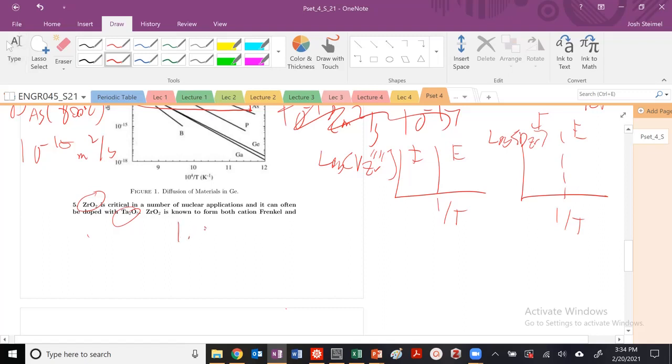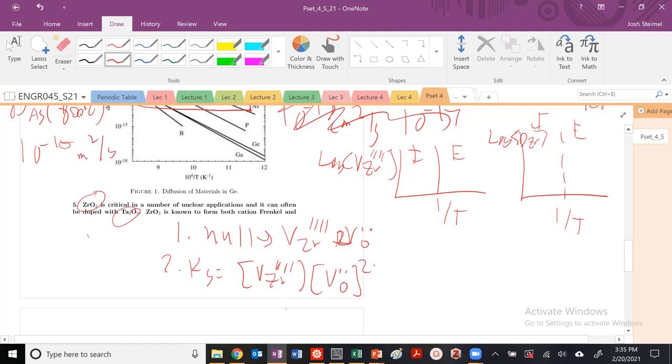So let's write this out. Null goes to a vacancy of Zr (V_Zr'''') plus vacancies in oxygen (V_O••), and we need to know we have 2 of them. So that means the Schottky constant equals the concentration of V_Zr'''' times the concentration of V_O•• squared, equals exponential of minus G formation of Schottky over kT.